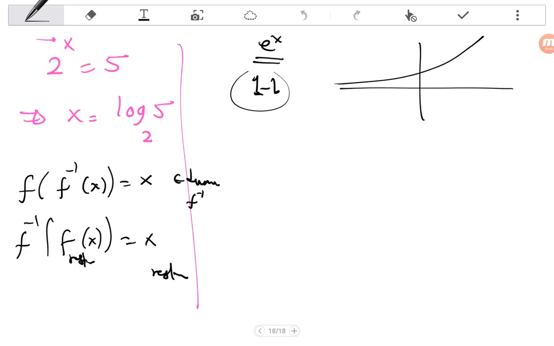And that's why when you apply one to the other, they just cancel the effect of each other. For example, if I say a power log base a of x, that cancels the effect and gives me x.